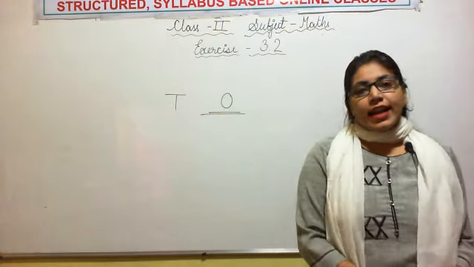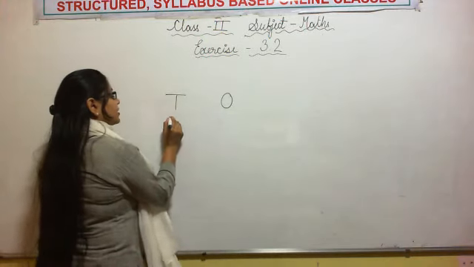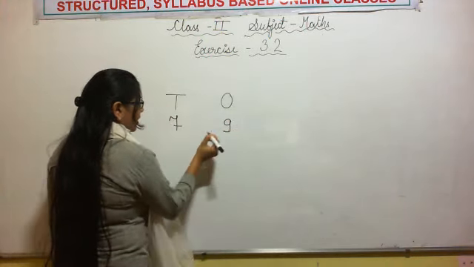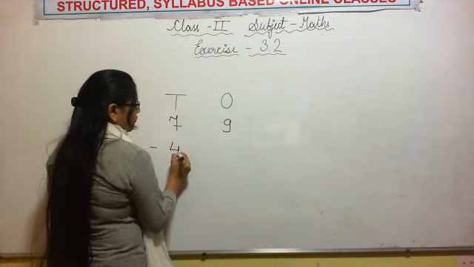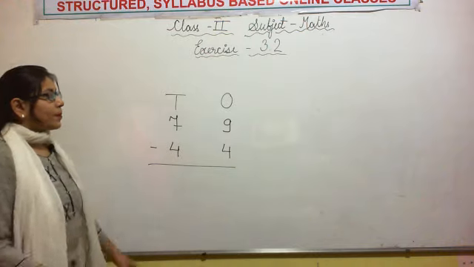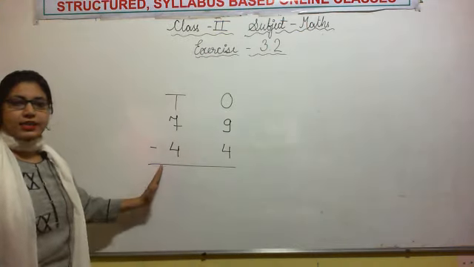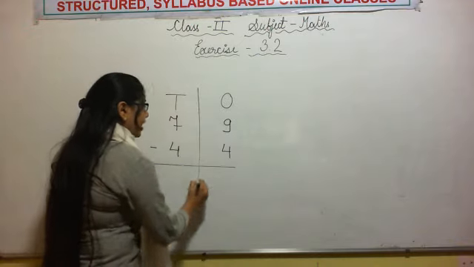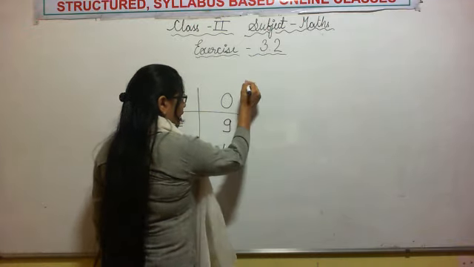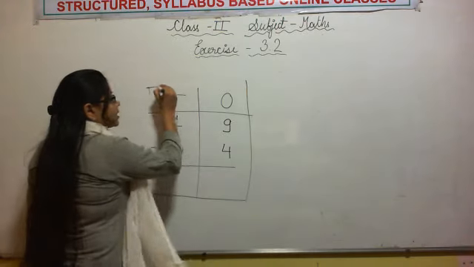So let us take an example. 79 minus 44. Now this is the ones column, this is the tens column. We will deal first with the ones column, then later with the tens column, and then with the hundreds column if it is also there.